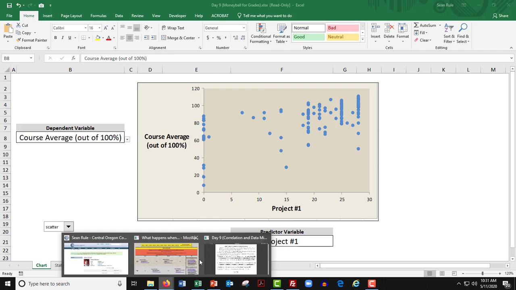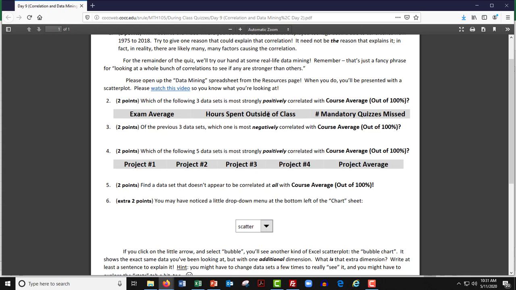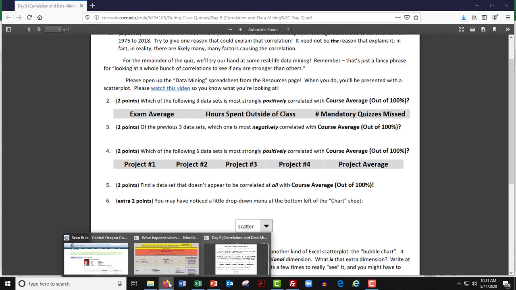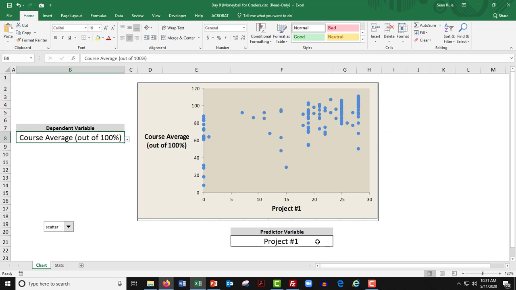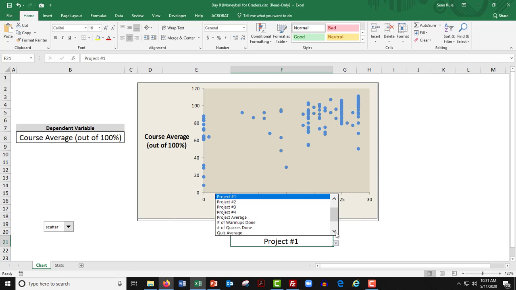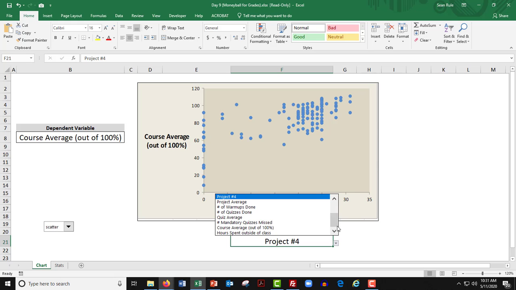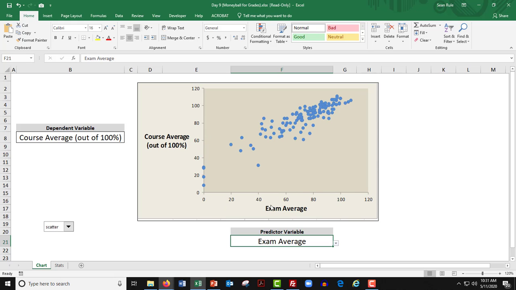Let's take a look. I wanted you to sort through exam average, hours spent outside of class, and number of mandatory quizzes missed. Okay, so let's do that. Exam average is going to be up here. Whoops, that's project 4. Exam average, boom. Okay, well that's positively correlated, and it's a pretty tight cluster too. The worse you do on that exam average, the worse you do in the course on average.